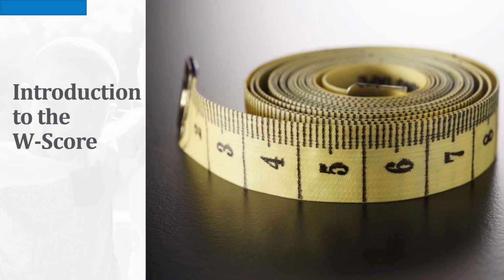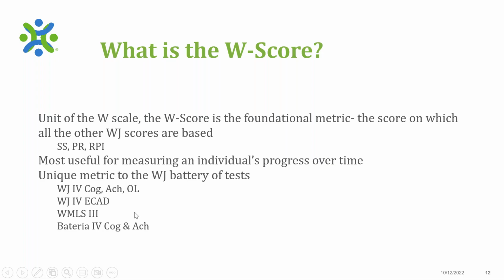So we're going to dig a little bit deeper into the W score because it serves such a critical role in the generation of the RPI. The W score is a very unique metric. It's only found on the WJ family of assessments, and it's a unit of the W scale. It's the score on which all of the other WJ scores are based.